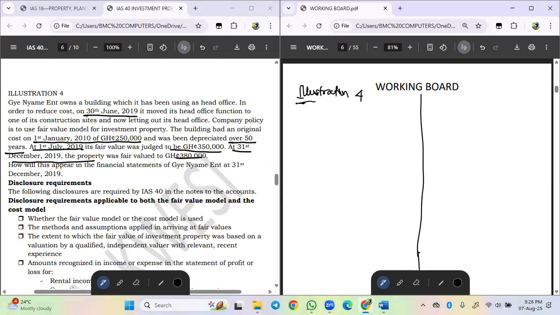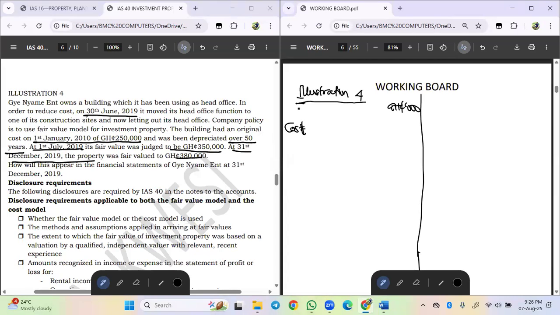Who can tell me the transfer, from what to what? From IAS 16 to IAS 40. Let's look at the costs.